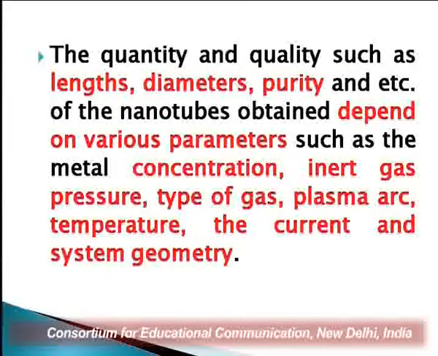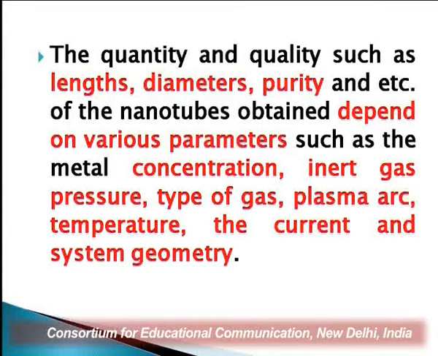So the quantity and the basic principle of these three methods, and how we can change the size and length of the carbon nanotubes. If we change the parameters, we can change the quantity and the qualities such as length, diameter, and purity of the carbon nanotubes obtained.